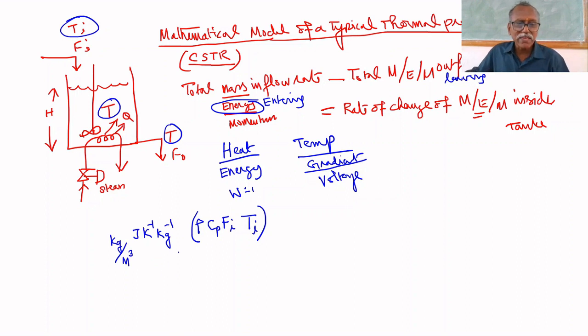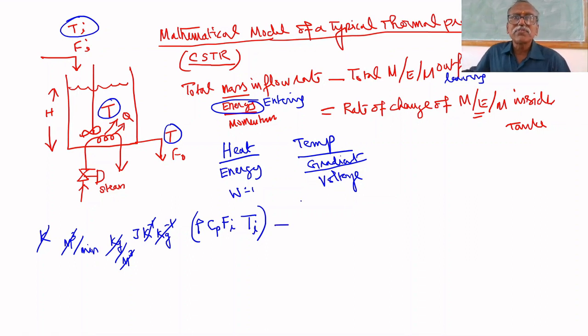Flow rate is so many meter cube per minute, let us assume per unit time. Ti is in Kelvin. Here Kelvin inverse gets cancelled, meter cube gets cancelled, kg inverse kg gets cancelled, therefore the unit is joules per minute.